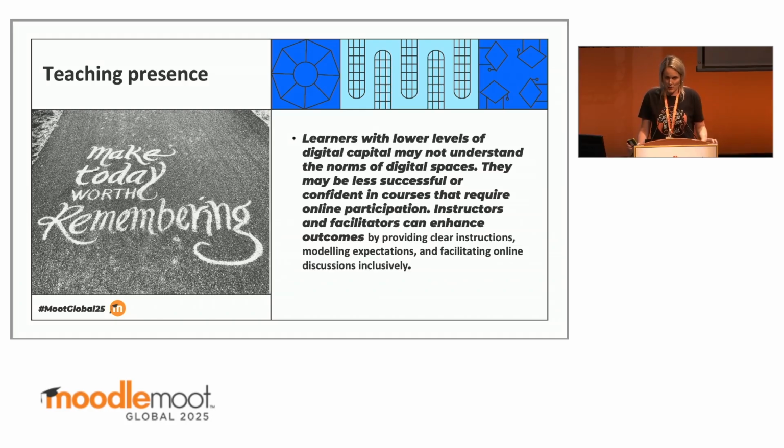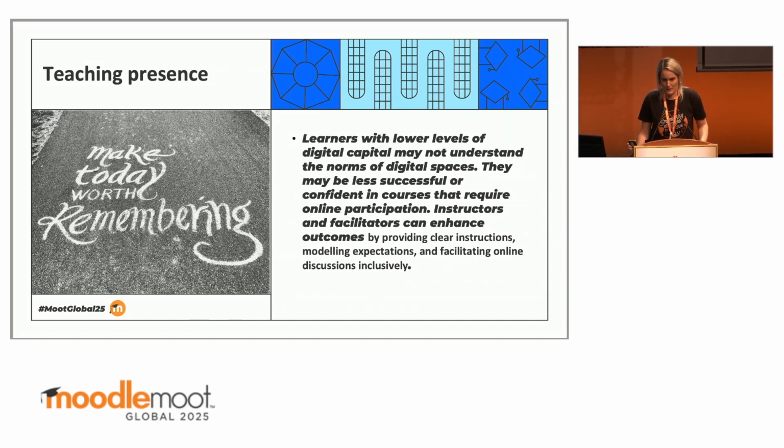So that's not to say that you shouldn't require it, but there's a real role for instructors and facilitators either in the design or the delivery of the course, to enhance their outcomes by providing clear instructions, modeling expectations, and facilitating online discussions inclusively. One thing I often see is there'll be a forum, it'll say everybody has to make a post in answer to this question by this timeline.